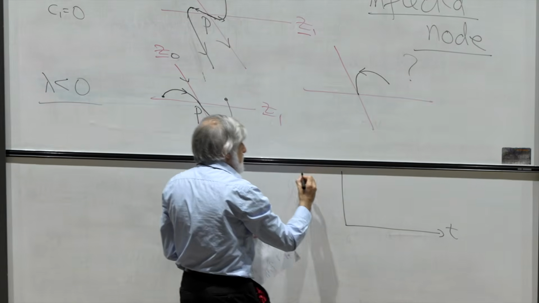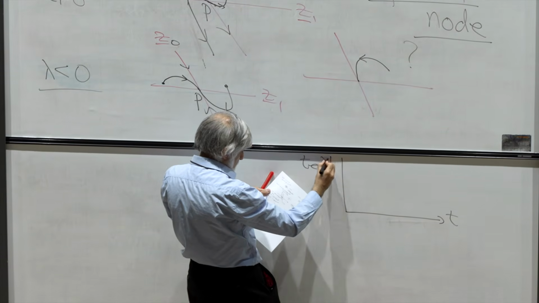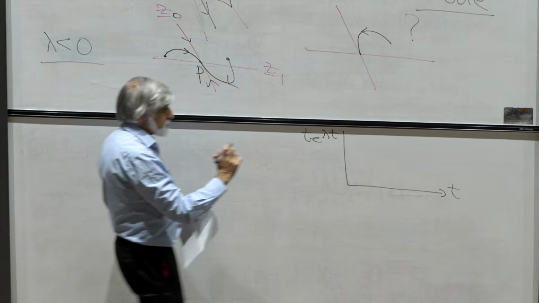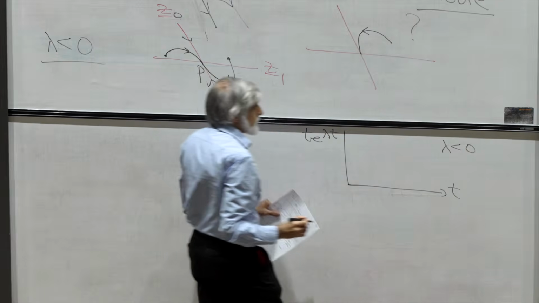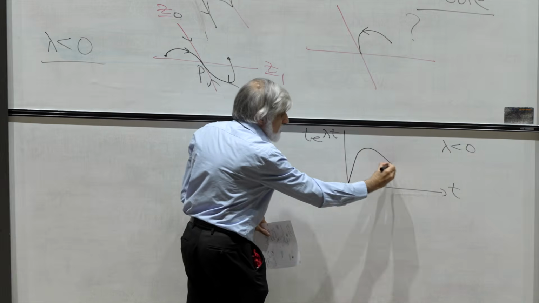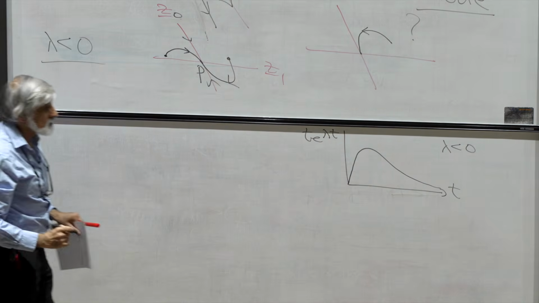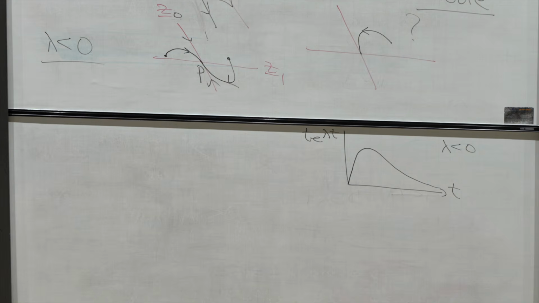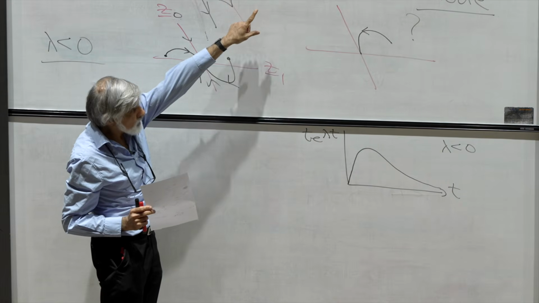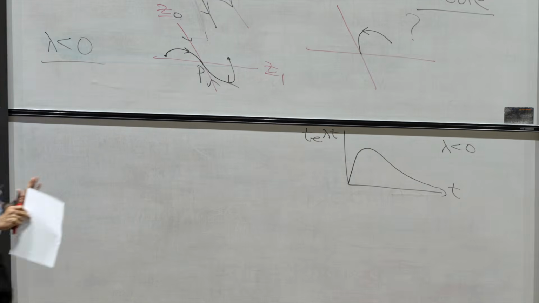Let's look at t e to the lambda t for lambda negative. So initially this is going to grow, but then it's going to go to 0. Okay? So what that means is the Z0 component must increase initially and then decrease.